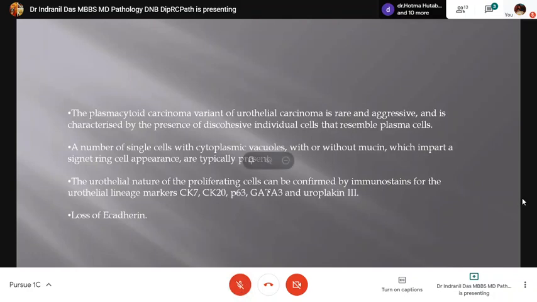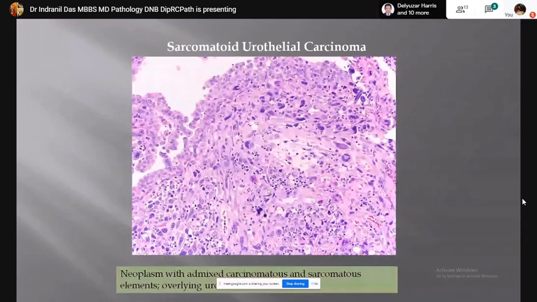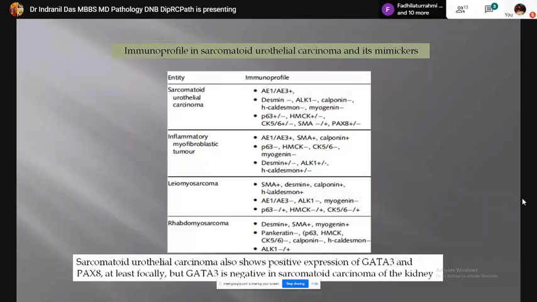Now, sarcomatoid urothelial carcinoma. This neoplasm shows a variable admixture of carcinomatous and sarcomatous elements, the sarcomatous element basically being a metaplastic change of the carcinomatous area. Now, the immunoprofile and differential diagnosis of sarcomatoid carcinoma: inflammatory myofibroblastic tumor, leiomyosarcoma and rhabdomyosarcoma. The sarcomatoid urothelial carcinoma is pan-cytokeratin positive and negative for ALK1, desmin or H-caldesmon.